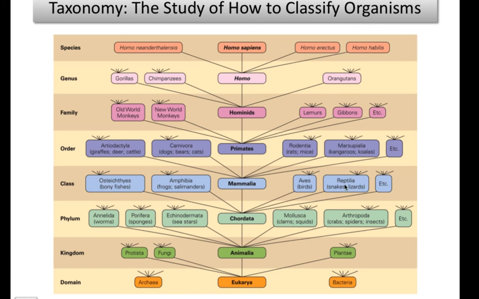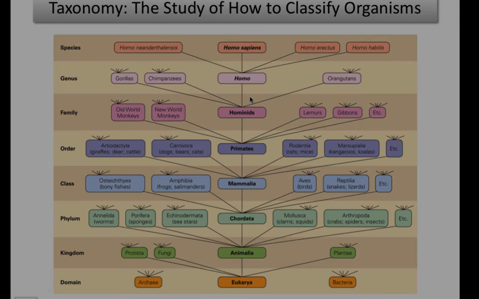Again, they're all chordates, right? But then as we go to order, well, there's primates, which are monkeys, gorillas, humans, right? But there's also carnivores, giraffes, deer, cattle, artiodactyls. Another one called perissodactyls, which are the horses and rhinoceroses. There's rodents, there's marsupials, right? And then family, there's hominids, and then there's genus and species. So you can see how it breaks down this classification of life here.